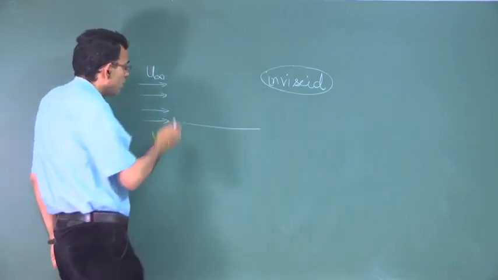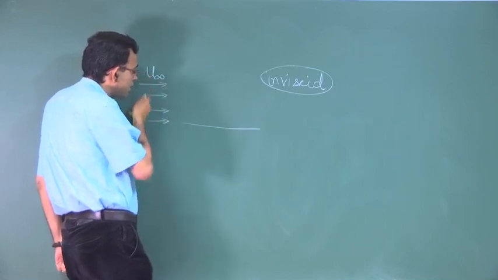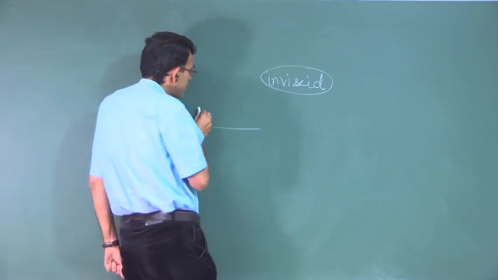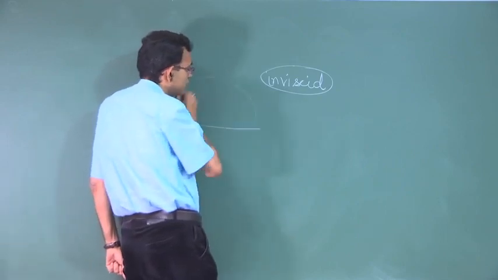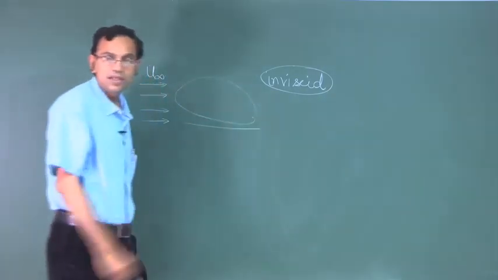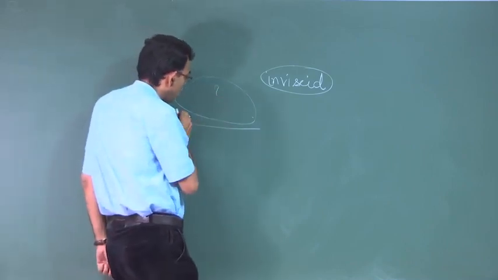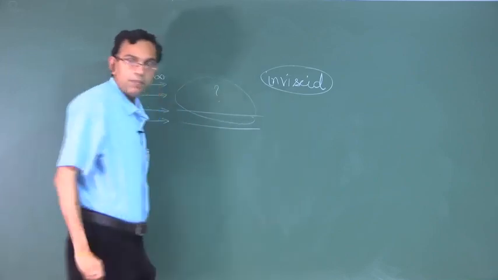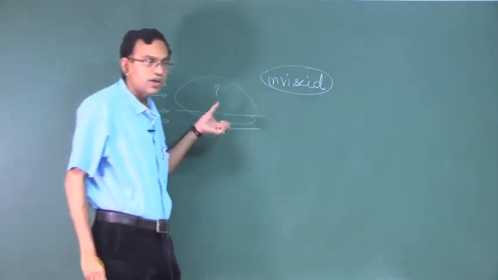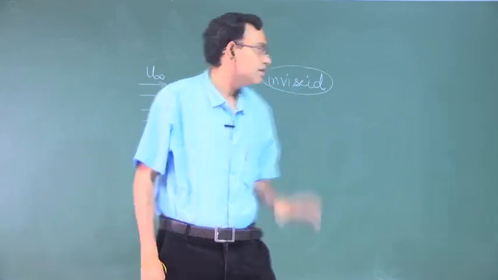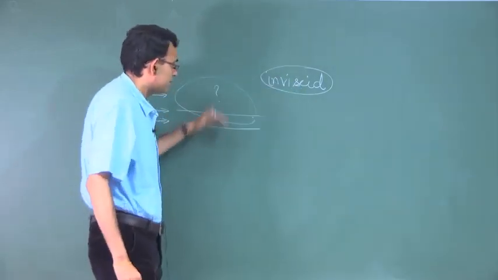So, although this fluid velocity profile is uniform here, you have viscous effects playing a significant role in this entire part of the domain, whether it is the full part of the domain or a part of the domain which is close to the solid boundary. It depends on several factors, but there is a viscous factor here.